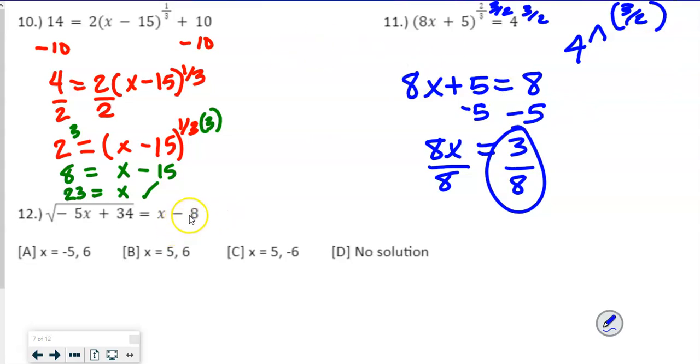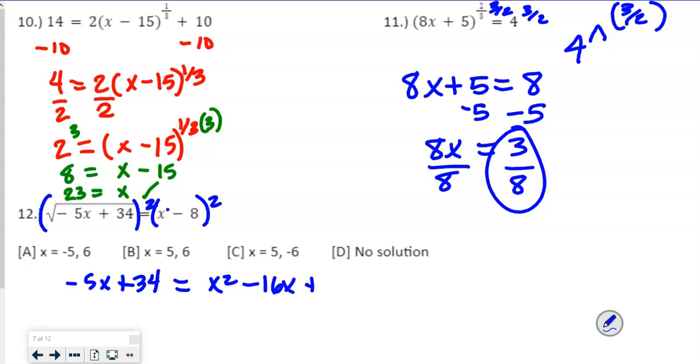So now this one right here, we are going to square both sides, right? So this is going to be negative 5x plus 34 equals x squared. Use the box method again, right? So we're going to add 5x to both sides, and we're going to subtract 34 from both sides.